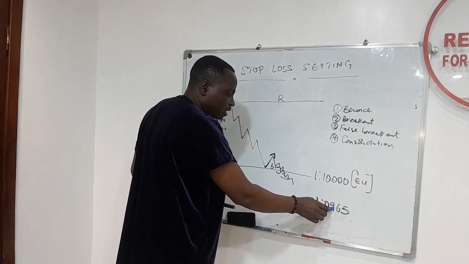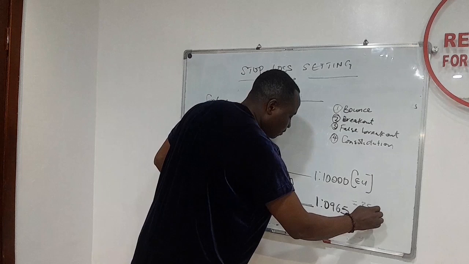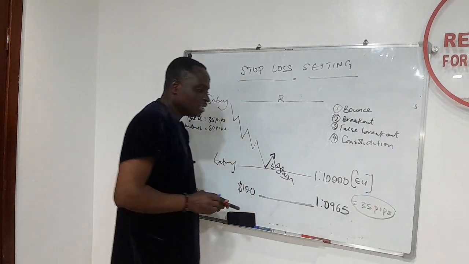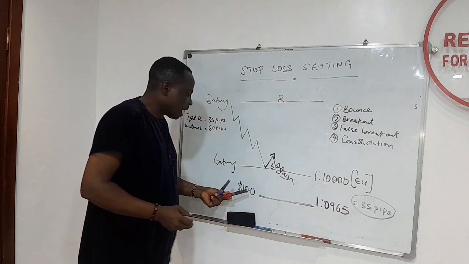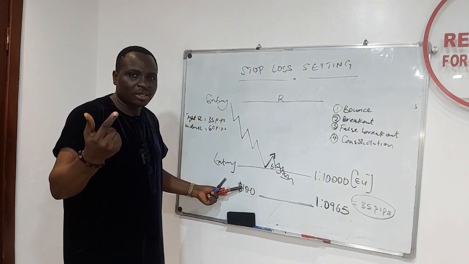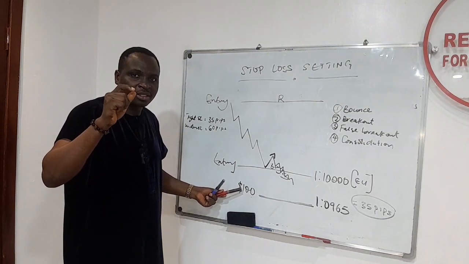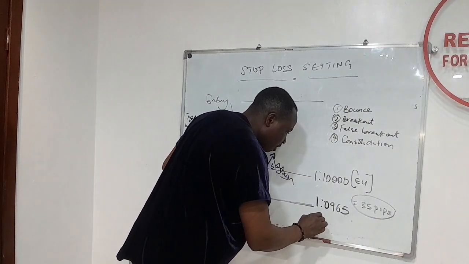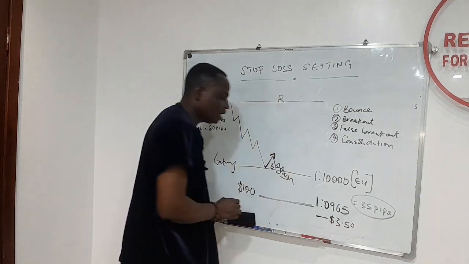So if you subtract this price from this price, it equals 35 pips. Remember, the most important thing is your risk tolerance. For example, 35 pips from an account of $100 on major pairs will be $3.50. So it means I lose $3.50.